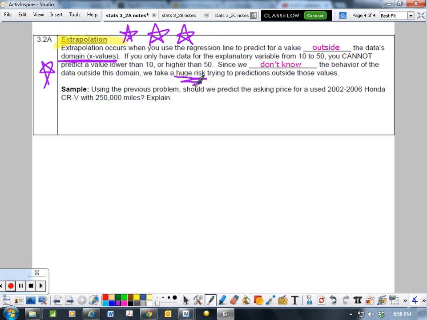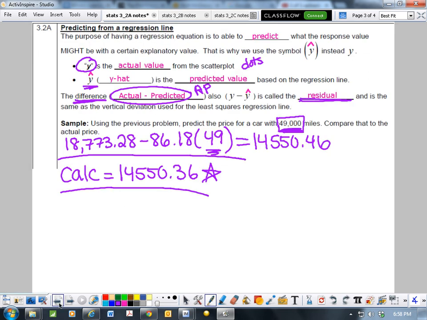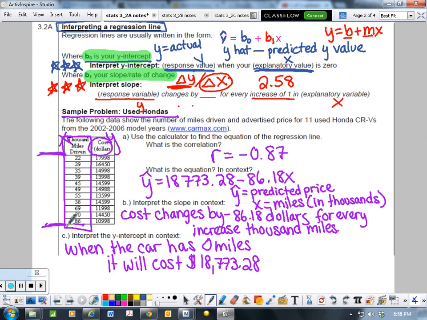So when we look at the previous problem, can we predict a car with 250,000 miles? Let's look at that table. The highest we went was 86,000 miles. So we don't know what happens. All of a sudden the cost could drop, or they could level off. In fact, a lot of four-wheel drive vehicles will level off at a certain price just because they're four-wheel drive vehicles.